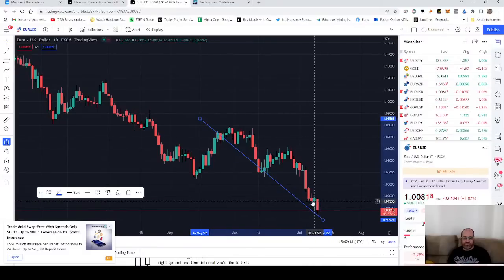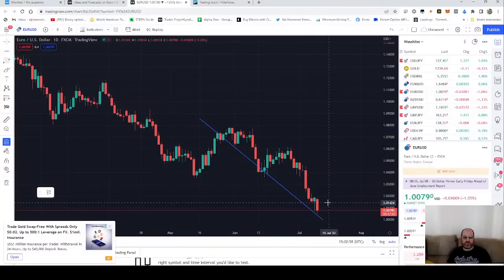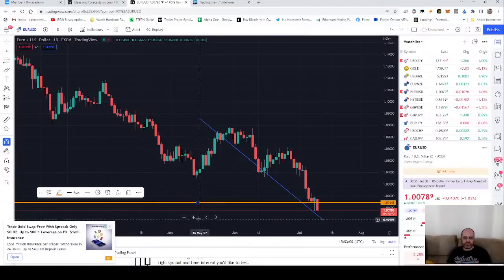You can see that we broke a strong resistance zone here. So let's mark that with a horizontal line here. So we are clearly in a downtrend. Euro is doing badly against dollar lately. Of course, it's early to say yet if this is broken on the day chart.